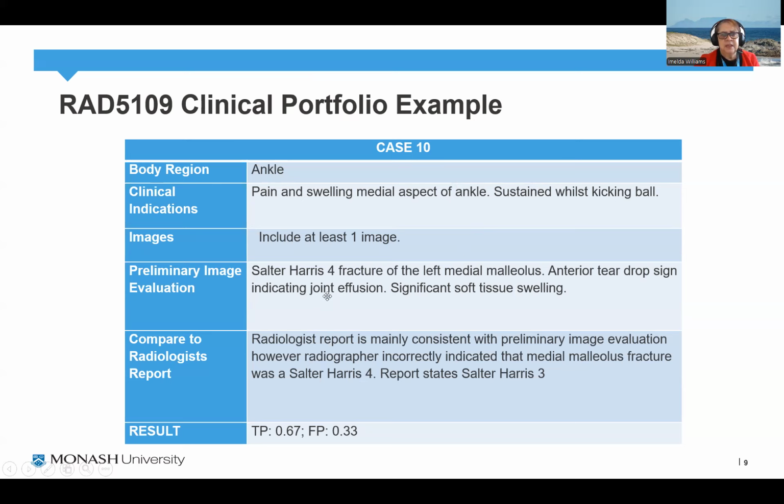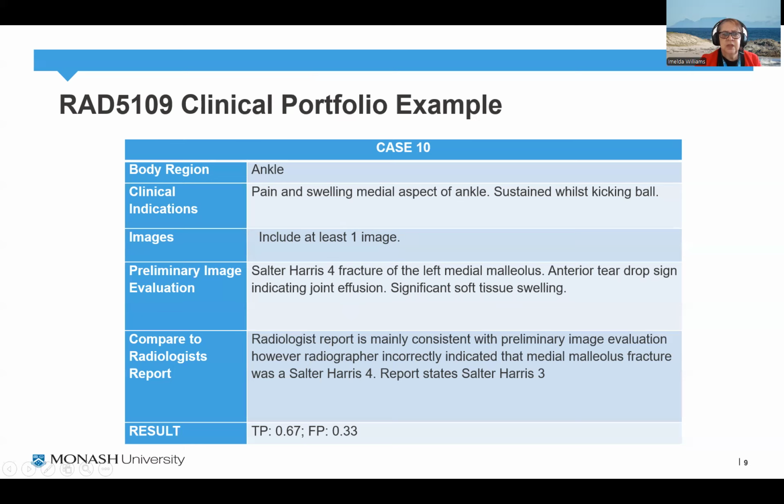So the PIE report indicated that there was a Salter Harris 4 fracture of the left medial malleolus, and there was an anterior teardrop sign which indicated joint effusion with significant soft tissue swelling. When comparing that to the radiologist's report, the majority of the report was consistent.